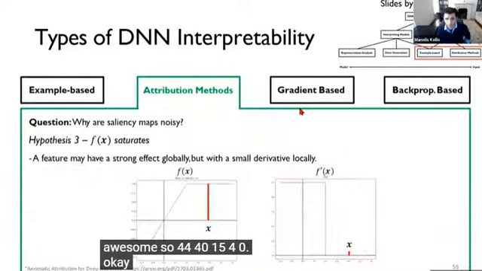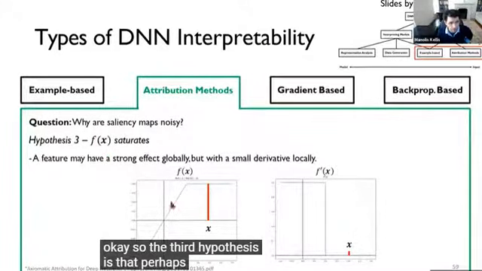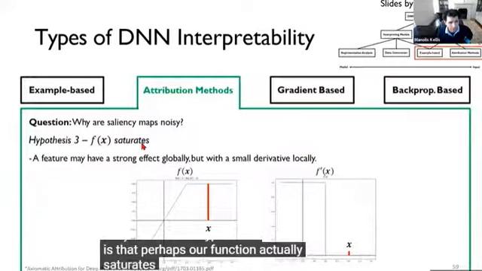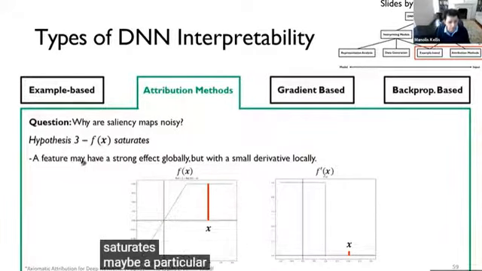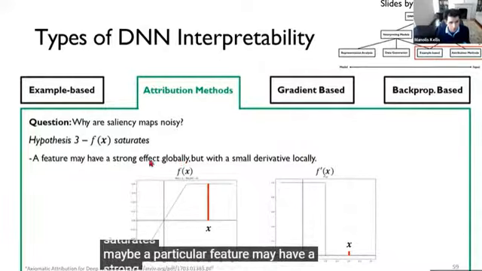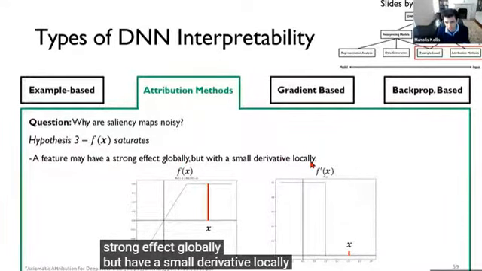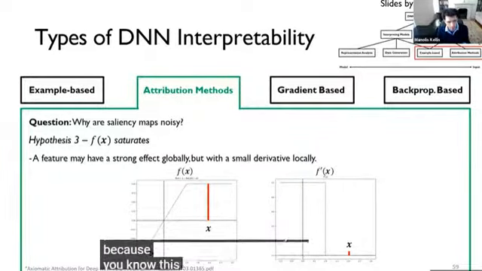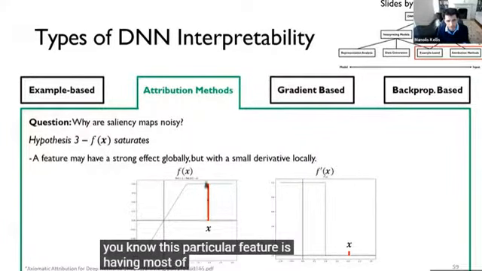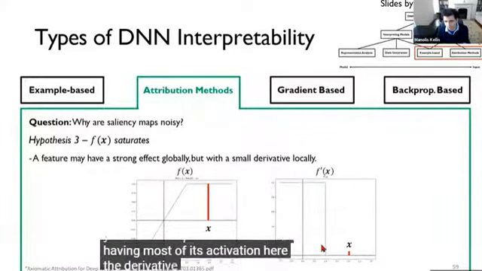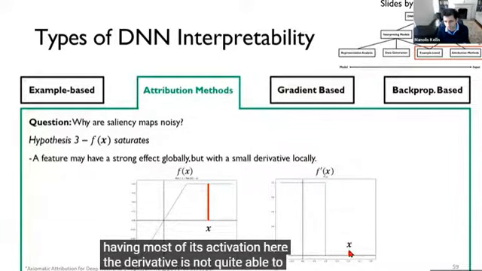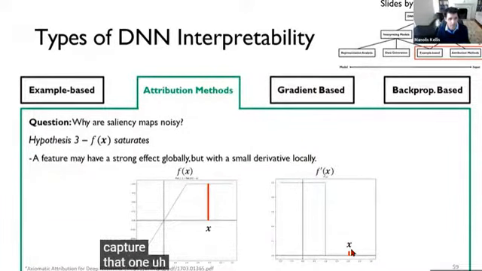Okay. So the third hypothesis is that perhaps our function actually saturates. Maybe a particular feature may have a strong effect globally, but have a small derivative locally. Because this particular feature is having most of its activation here, the derivative is not quite able to capture that one aspect.